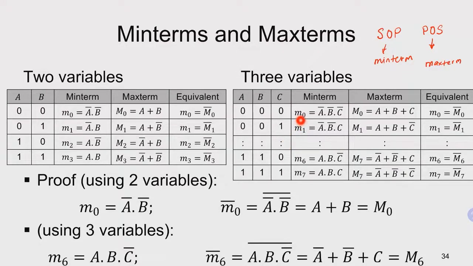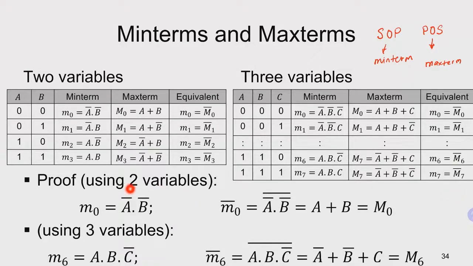Okay, so the m0 is A bar, B bar, C bar, all the way to m7 is A, B, and C. And then the maxterm M0 is A plus B plus C, and then M7 is A bar, or with B bar, or with C bar. Again, the equivalence of the minterm and the maxterm.